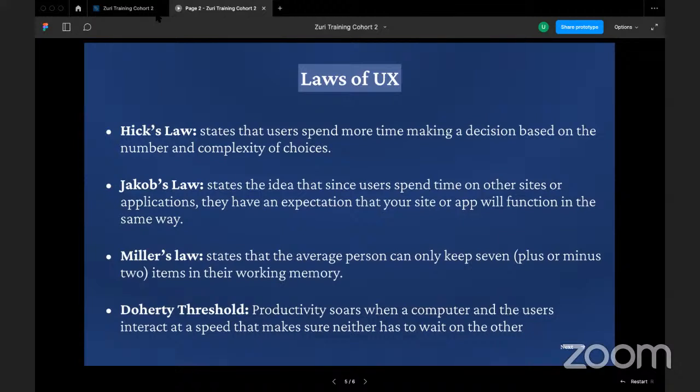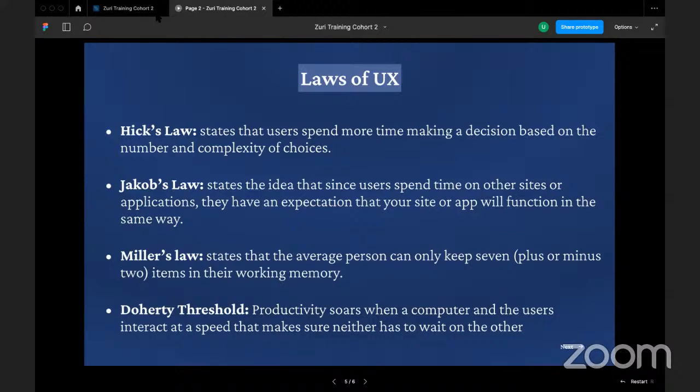Okay, let me just go ahead. From my screen, you'll see that Miller's law states that the average person can only keep 7 plus or minus 2 items in their memory, which means we should not overwhelm our users with too much information. Trust me, people read one after the other.